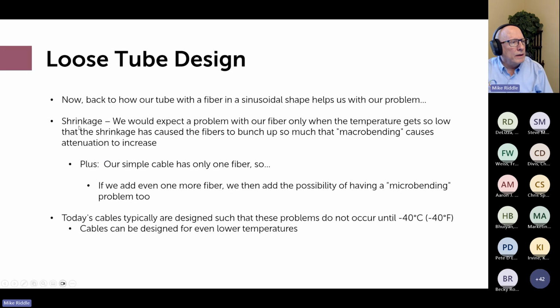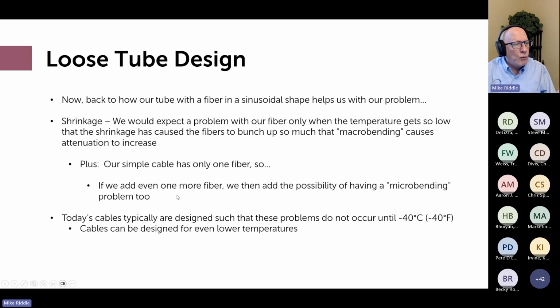So in the shrinkage situation, the cable contracting, we would expect a problem only when the temperature gets so low that the shrinkage has caused the fibers to bunch up so much that you're getting macrobending losses. Now, in our cable so far, we only had one fiber.